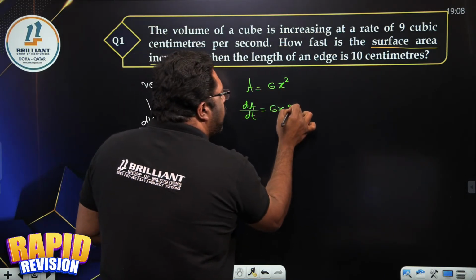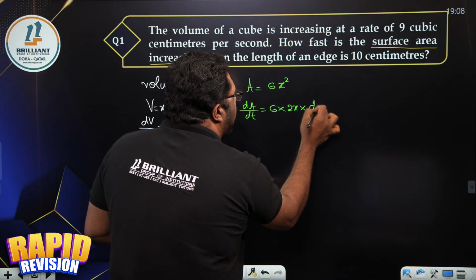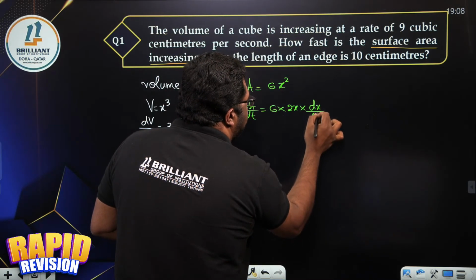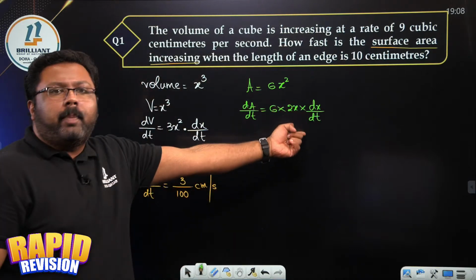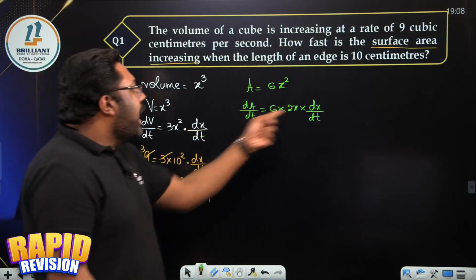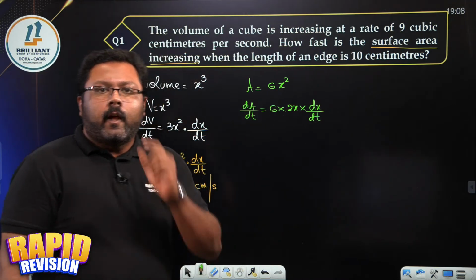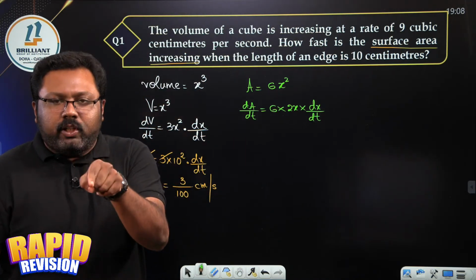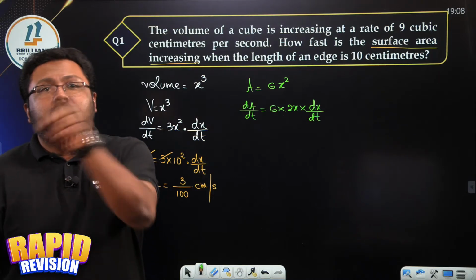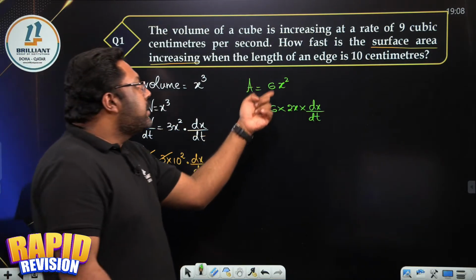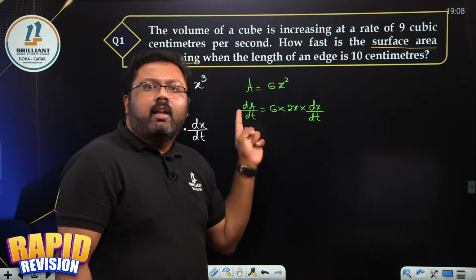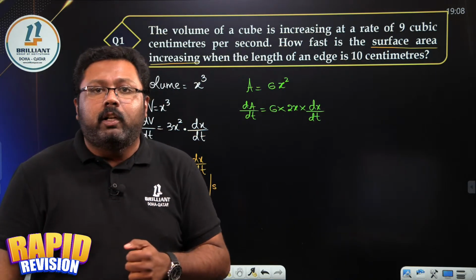Derivative of x squared, yes, again 2x, but don't forget change is with respect to time t, so multiply by dx by dt. This happens in questions involving a variable which is differentiated with respect to another variable. x squared is differentiated with respect to another variable t.